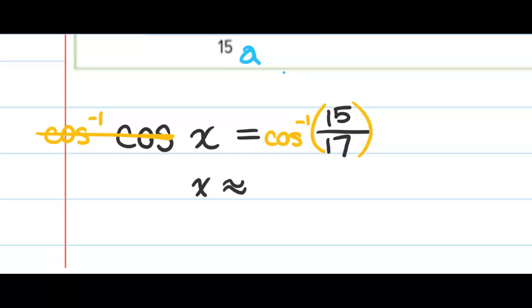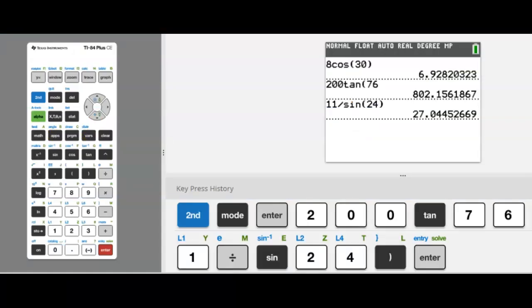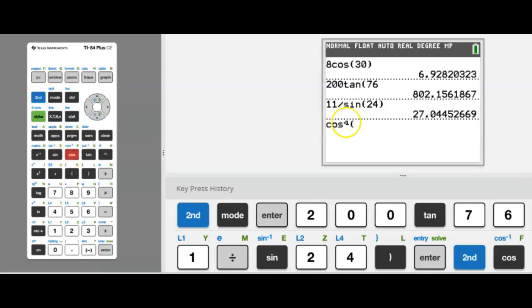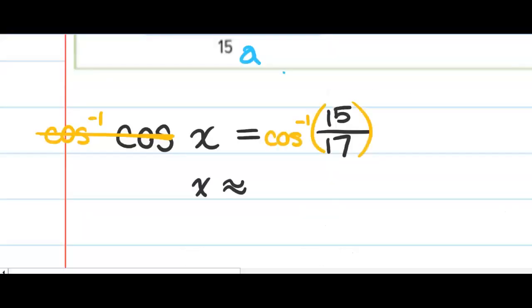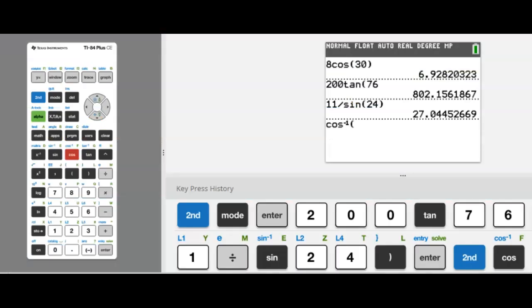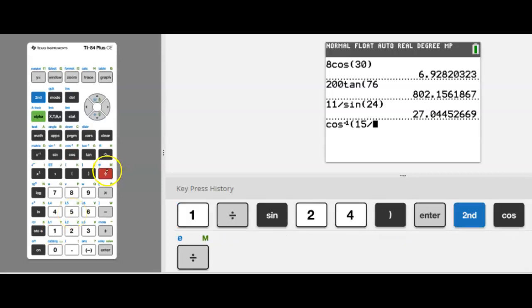And on the right side, when we type the inverse cosine of 15/17 into our calculator, again, the inverse is right here above the cosine button. So we press the blue button, cosine. Do you see how I put a little -1 there to denote that it's an inverse? And we want 15/17, so 15 divided by 17.